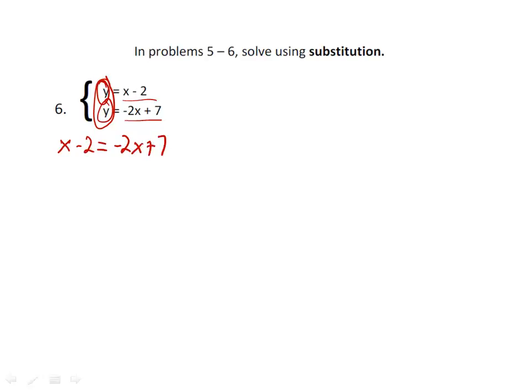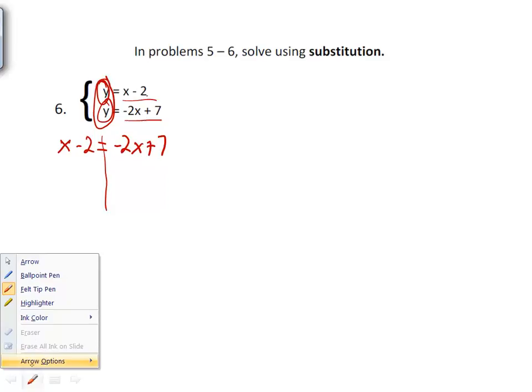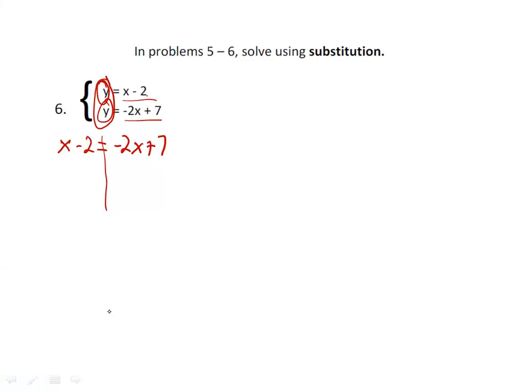All right? So now the advantage of this is, see, I can't solve this very easily as long as I have two different variables in the equation. Now I've figured out a way that I can solve this and get only x's in the problem, or only y's. In this case, it's only x's. So here's what I'm going to do. I can't have x on both sides, so I'm going to take care of that piece.